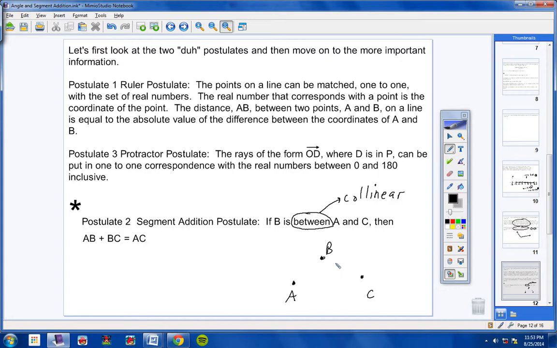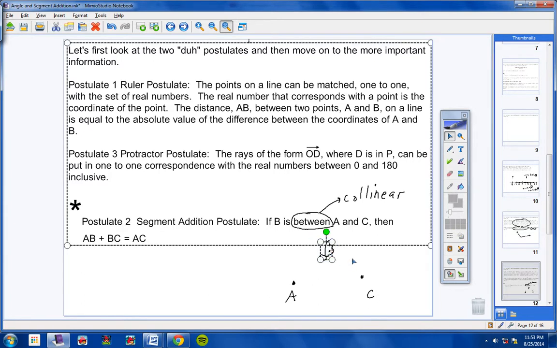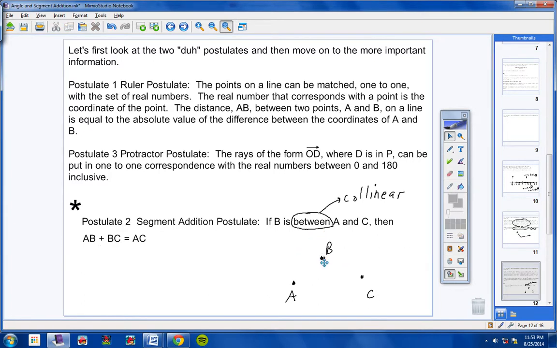But in geometry, when we say that a point is between 2 points, it automatically means that this point right here, this B, is collinear. So first of all, understand that when this postulate states that B is between A and C, it means all three of these points are on the same line. And then it means B is between A and C.